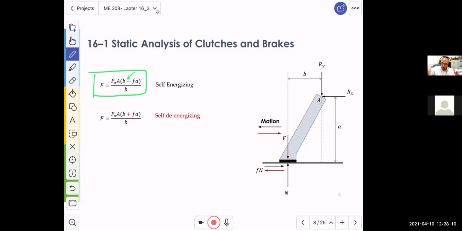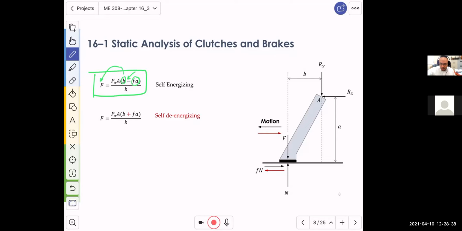When you apply the actuating force and then the shoe pad touches the surface, friction is going to reduce. Look, B minus FA. So it's like a friction term is reducing this parenthesis, which will reduce F.